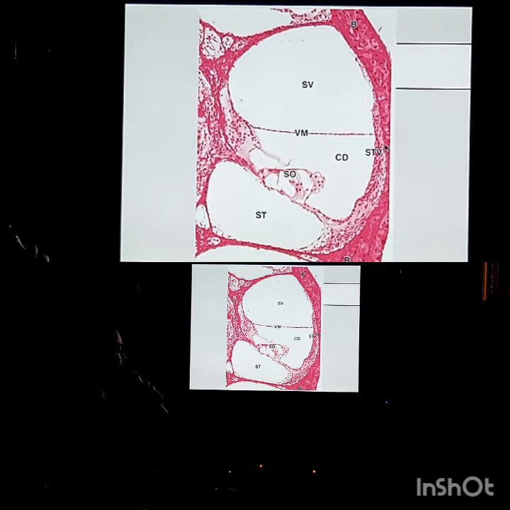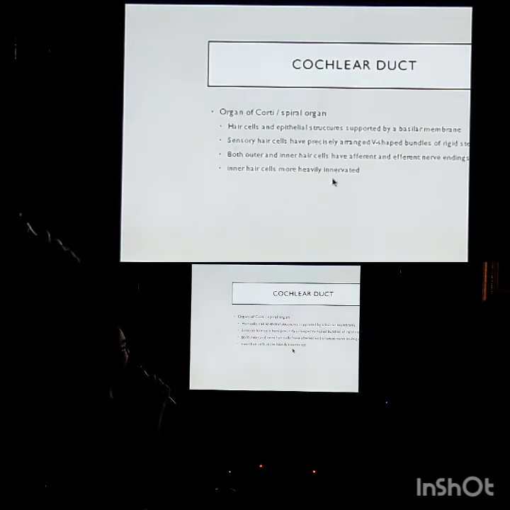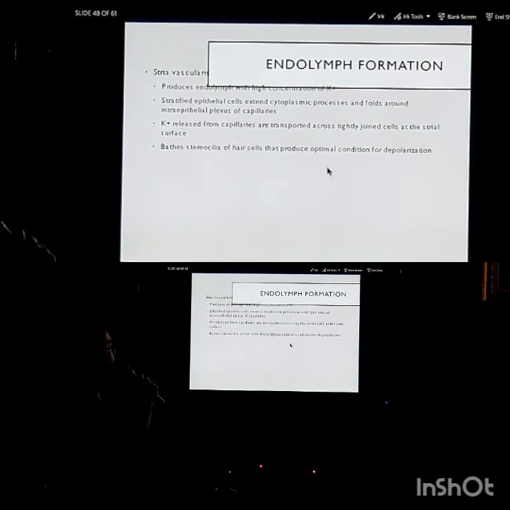And this is the stria vascularis. This is responsible for producing endolymph. Okay, endolymph. So stria vascularis produces endolymph with high concentration of potassium. They are transported across tightly joined cells and bathe the stereocilia of the hair cells, producing optimal conditions for depolarization.